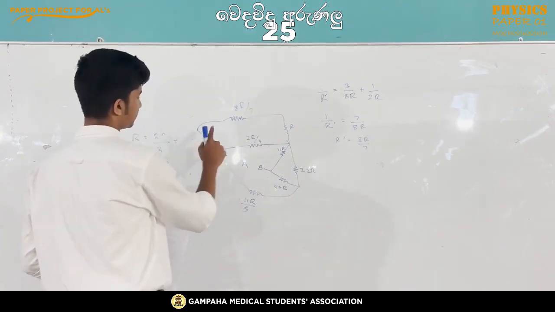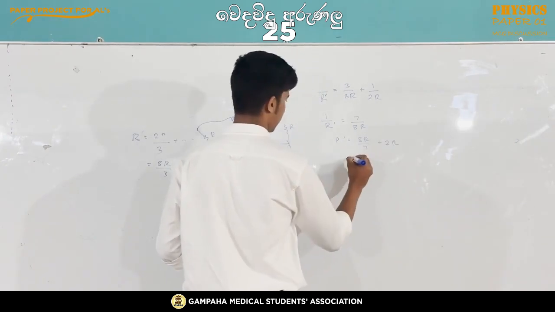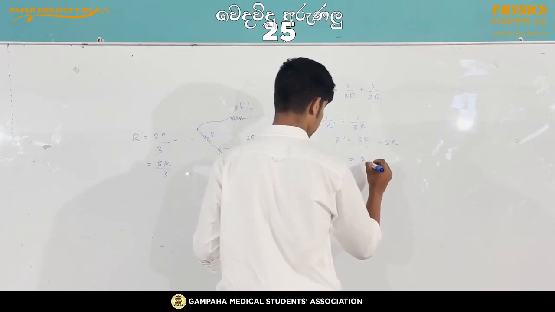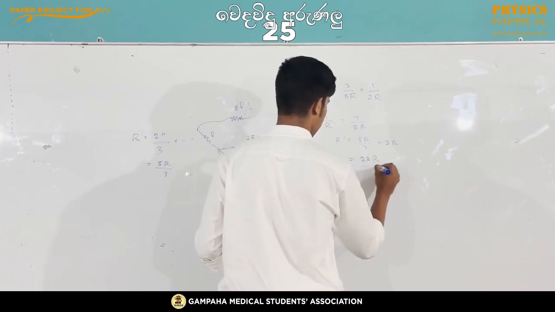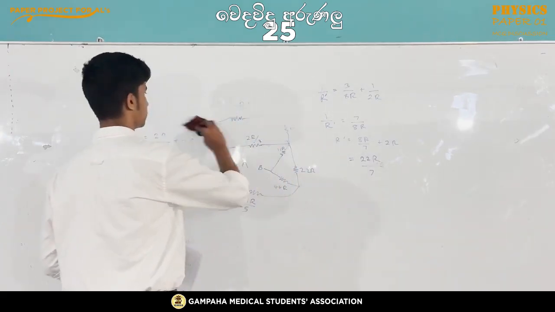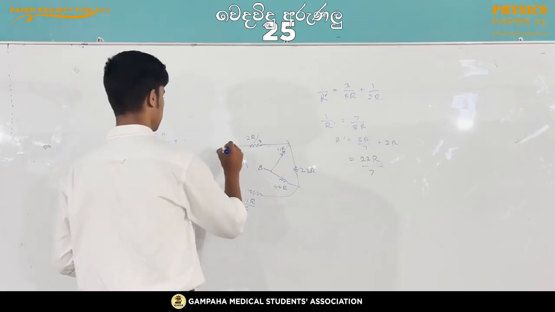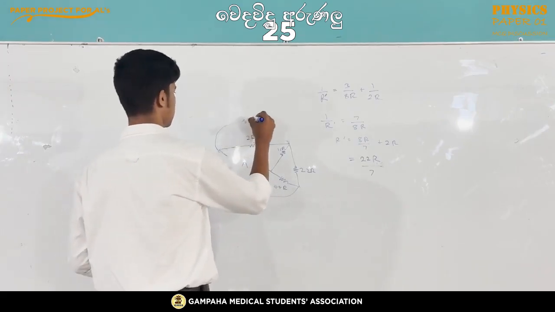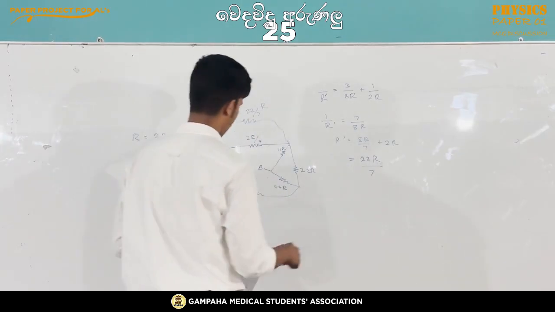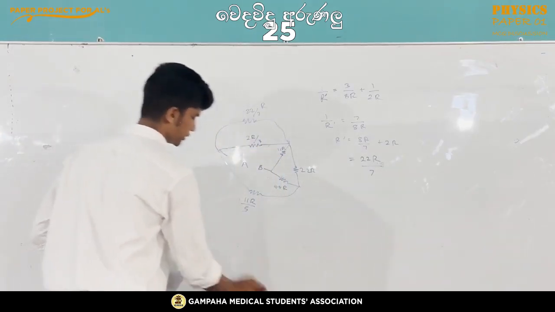So once again these three are in series, then we can add 2R to get the equivalent of those three, which will be equal to 22R over 7. Then these two resistors are in parallel. Once again we can get the resultant of those two resistors.